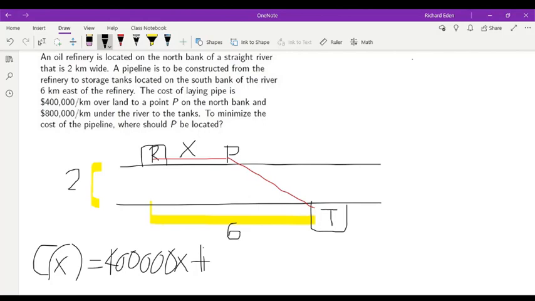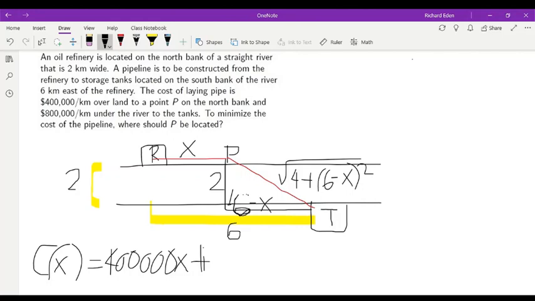We could do that by considering this particular right triangle, one of whose dimensions is 2, the height, the width across the river. And the base of the triangle is part of the 6 kilometers in yellow minus the x kilometers we already have from R to P. So this is 6 minus x, which means that the hypotenuse, the length of PT, is the square root of 2 squared, which is 4, plus the square of 6 minus x.